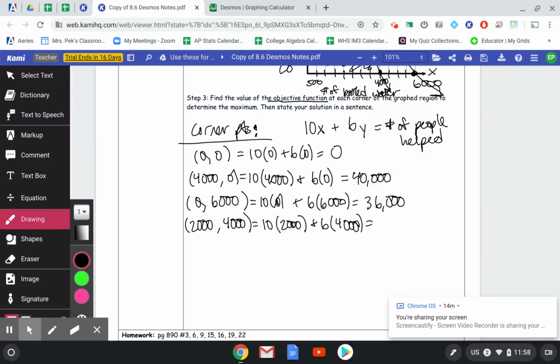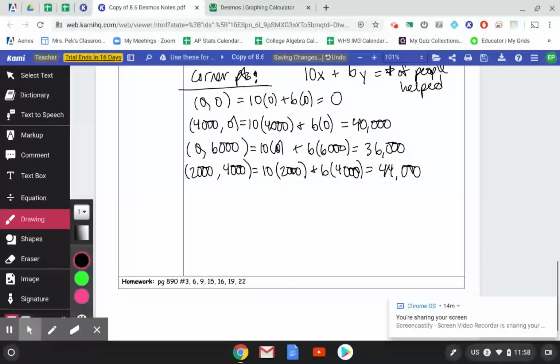And if you plug that in, we get 44,000 people. So we have found the magic combination of numbers of bottles of water and medical kits that will fit on the airplane and help the maximum number of people.